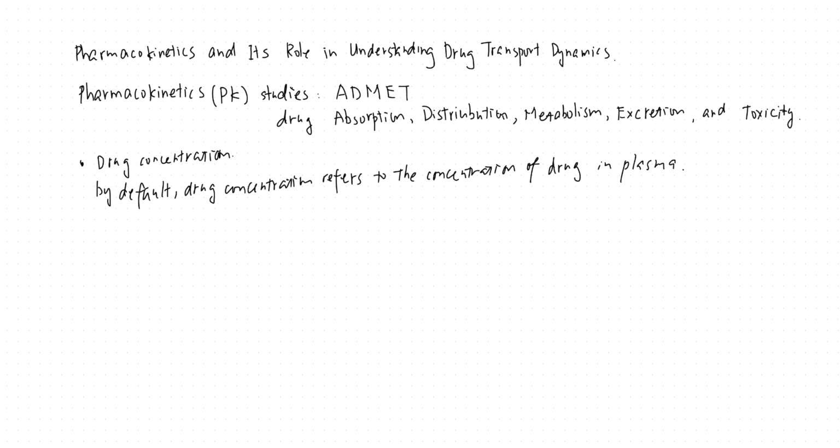If people would like to know the concentration while the drugs are still in the body, before being filtered by the kidney into the urine, within the body circulation, then people would refer to the concentration in plasma. That's a notion you need to know.